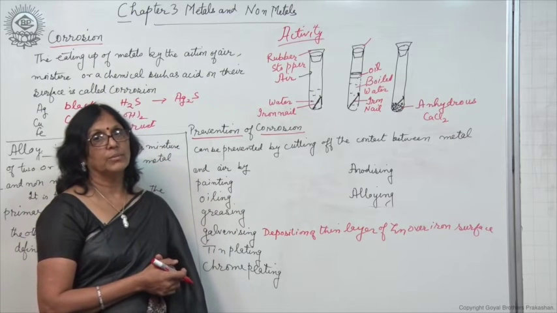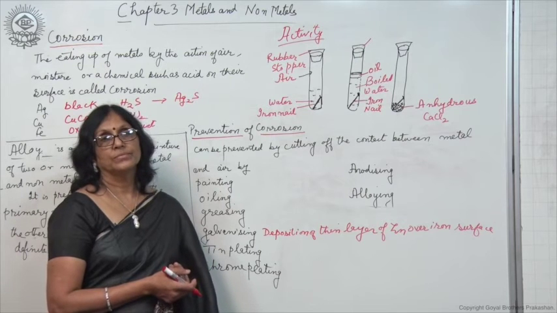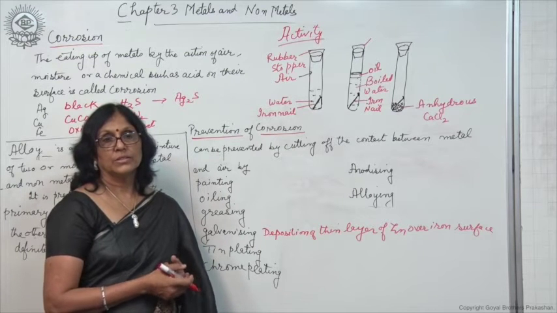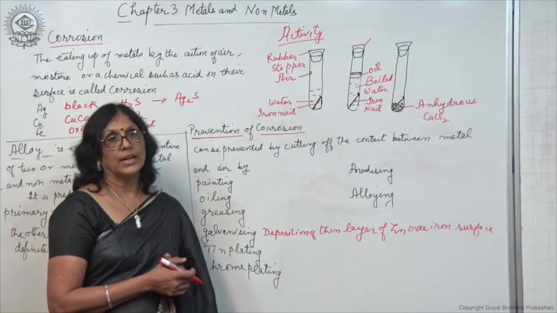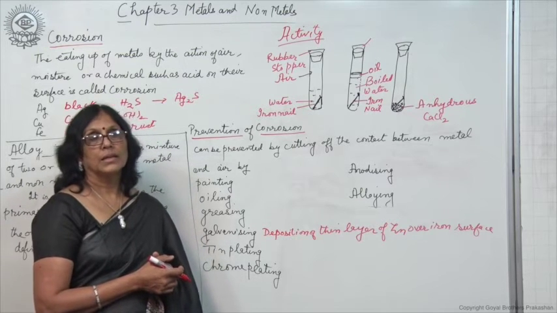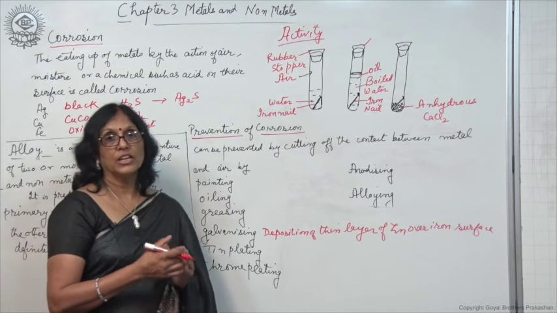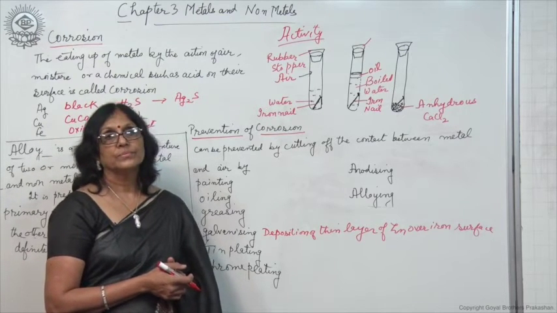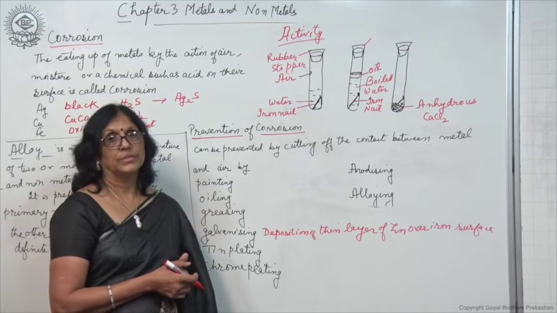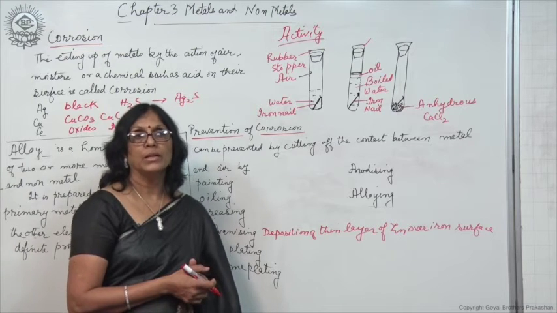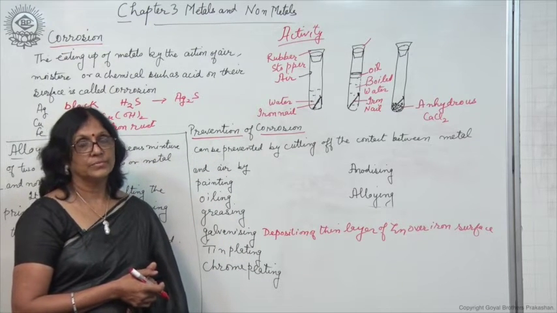Oxygen gas is liberated at the anode, which combines with the aluminium and covers the surface as an aluminium oxide layer. By the deposition of this thick layer of aluminium oxide, corrosion of aluminium can be prevented, and this aluminium oxide layer also can be dyed into various colors to make it look attractive.